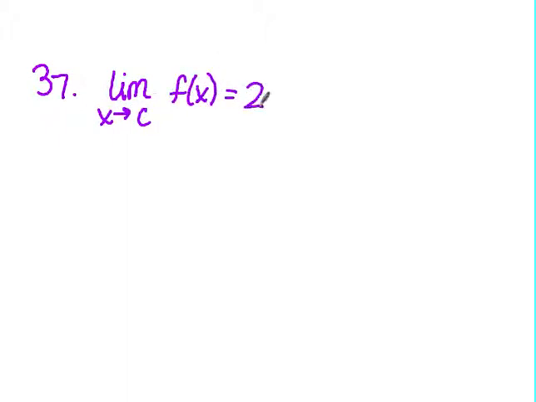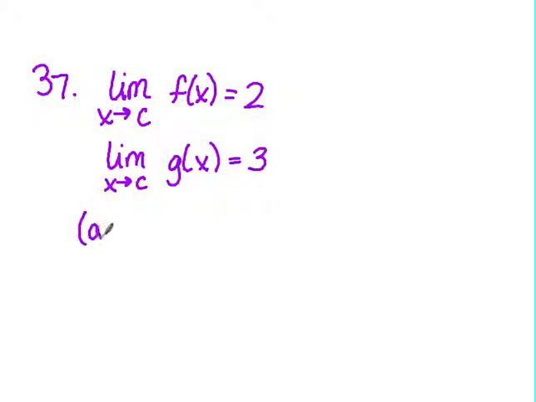Okay, 37 says the limit as x approaches c of f of x equals 2. The limit as x approaches c of g of x equals 3. And then it's got some individual parts. So let's start with A. A says the limit as x approaches c of 5 g of x.